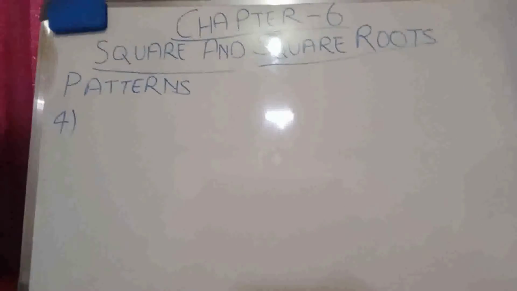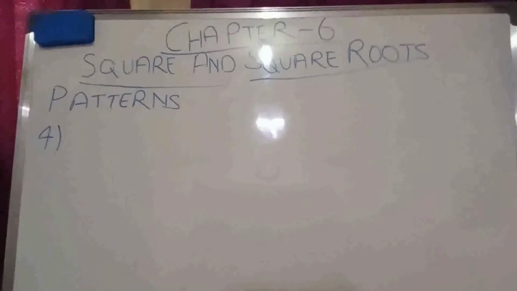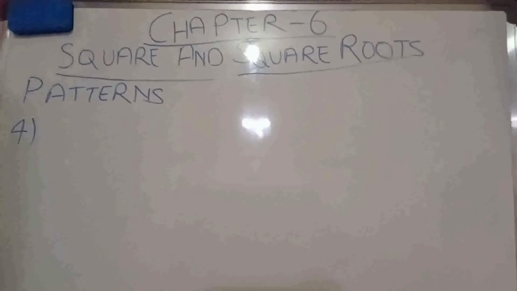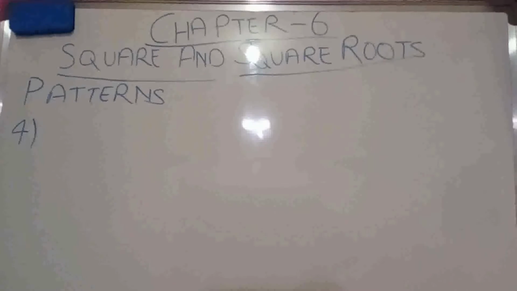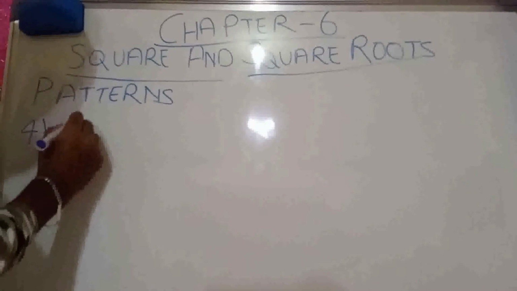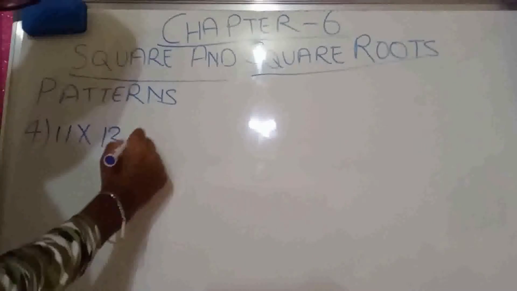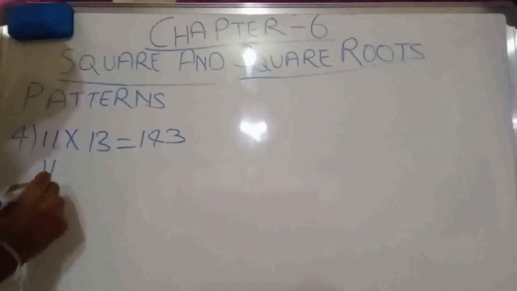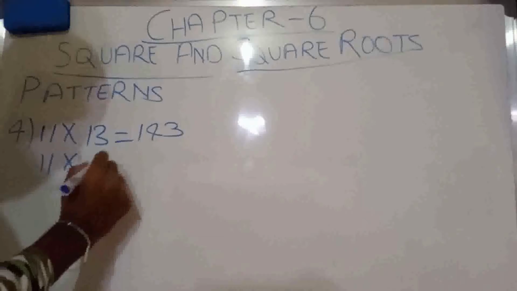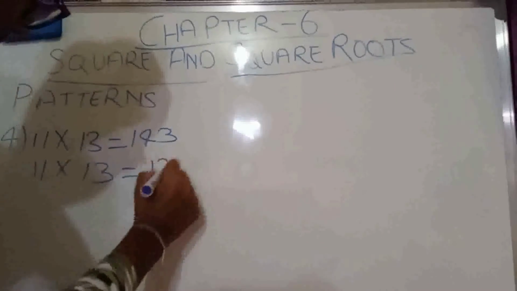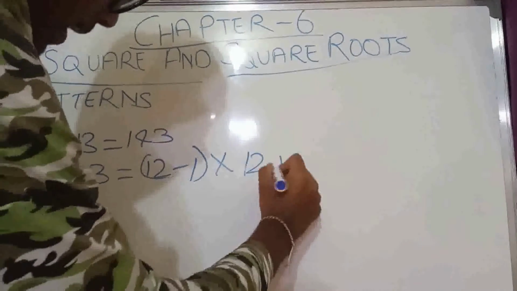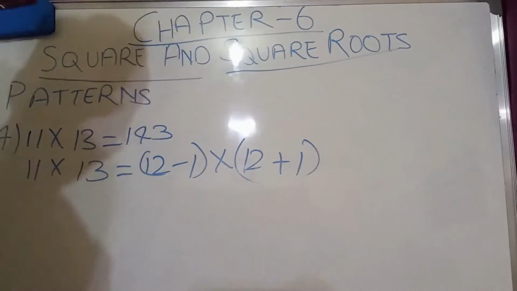Our next pattern is that a square is going to be the product of two consecutive even or odd numbers. Just like if we take for example 11 into 13. 11 into 13 equals 143. So it can be like 11 into 13 equals (12 minus 1) into (12 plus 1), as we know.